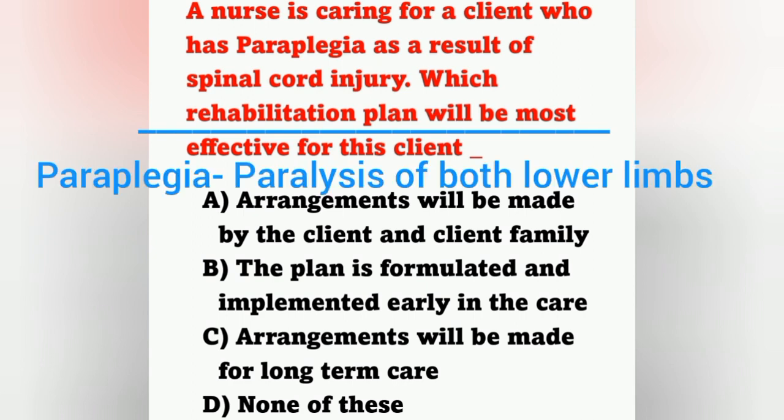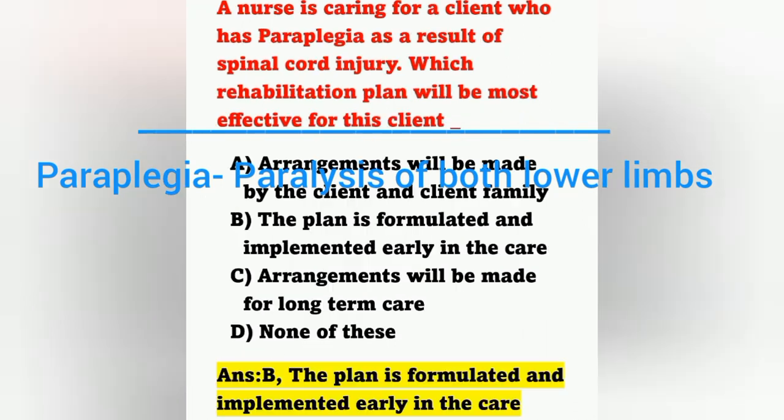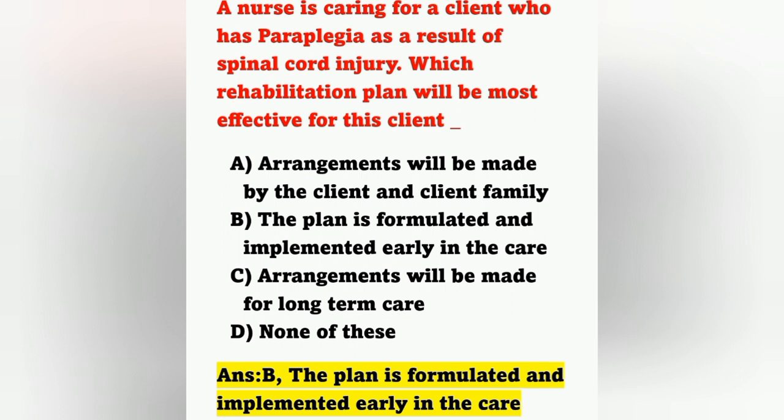Here the question is, a nurse is caring for a client who has paraplegia. Paraplegia means paralysis of both lower limbs. Which rehabilitation plan will be most effective? Among these options, which is the most effective plan for the patient? Rehabilitation will start from the admission time itself. That is the most effective plan.